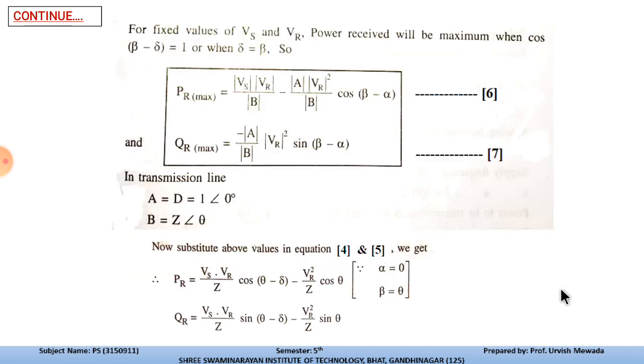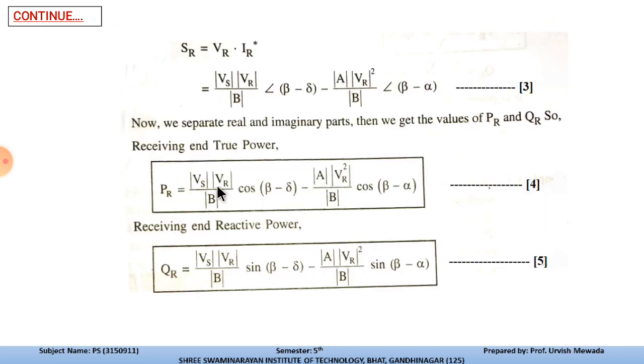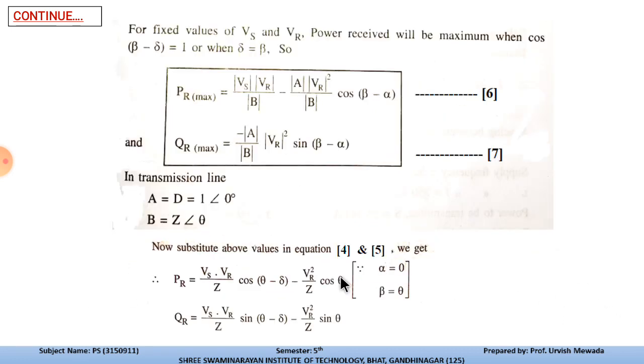Then this equation will become Vs into Vr divided by Z, because B is replaced with Z, cos of theta minus delta, minus Vr square by Z cos theta. Here alpha is equal to 0 and beta is equal to theta. That's why PR is equal to Vs into Vr divided by Z cos of theta minus delta, minus Vr square by Z cos theta. This is the real power or active power equation for the transmission line.